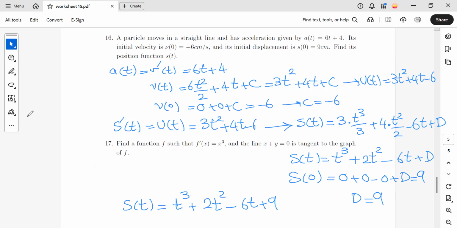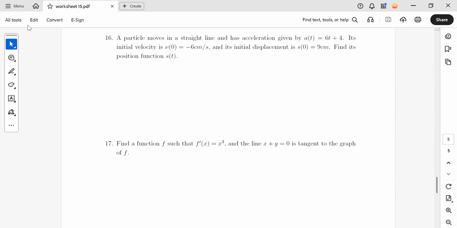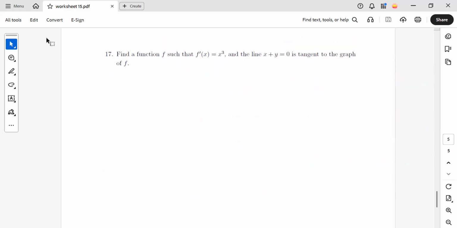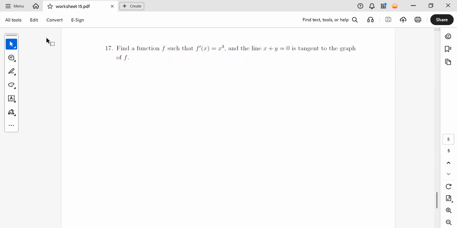And the last one, 17. Find a function f such that f prime is x cubed and the line x plus y equals 0 is tangent to the graph of f. So the function would be the antiderivative of x cubed, which is x to the fourth over 4 plus a constant.